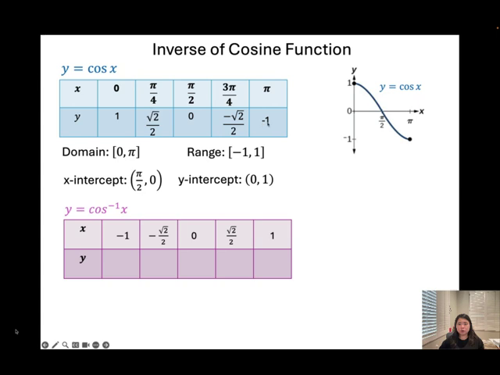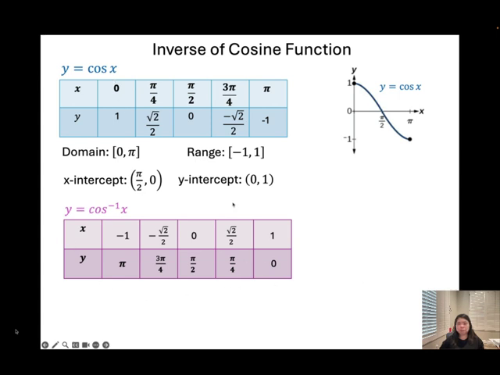I try to put it in order, starting from the negative: negative 1, negative root 2 over 2, 0, root 2 over 2, and 1 here. One more time, the y will become the x, and the x will become the y. So I just copied pi, 3 pi over 4, pi over 2, pi over 4, and 0.